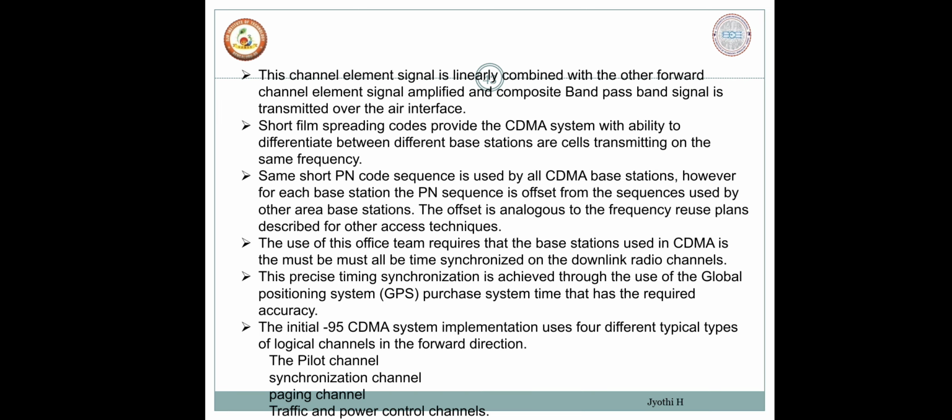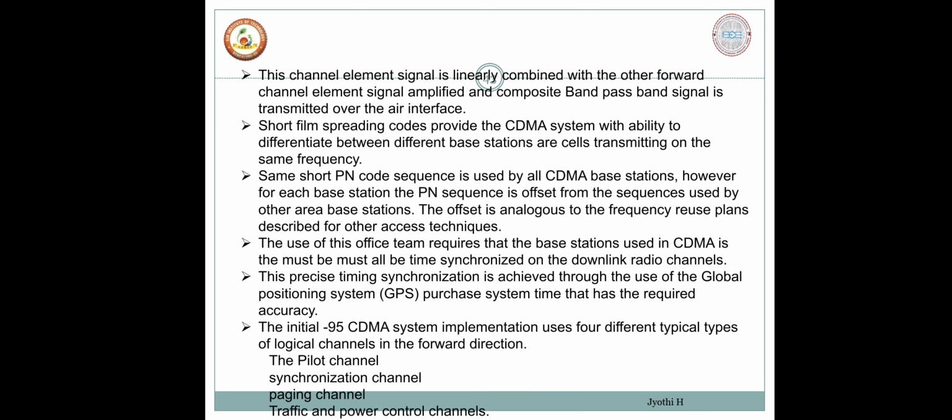The same short PN sequence is used by all CDMA base stations. However, for each base station, the PN sequence is offset from the sequences used by the other area base stations. The offset is analogous to the frequency reuse plans described for the access techniques. The use of this offset requires that the base stations used in CDMA must be time synchronized on the downlink radio channels.